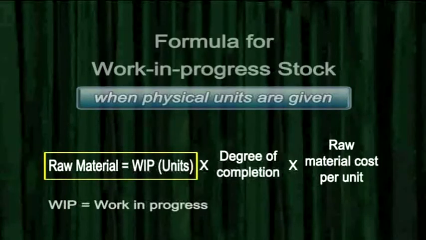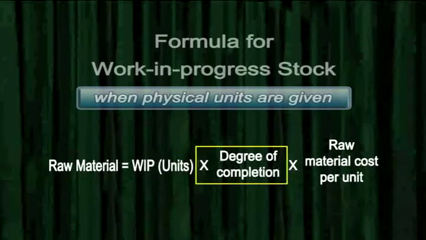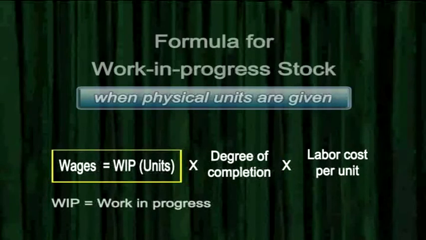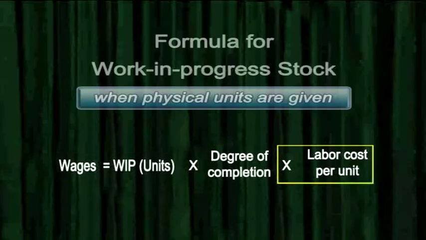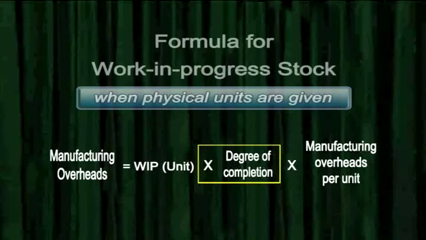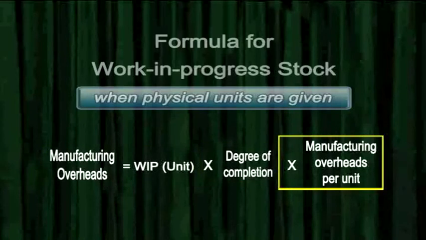Raw material is equal to work in progress in units into degree of completion into raw material cost per unit. Similarly, wages: work in progress units into degree of completion into labor cost per unit. Manufacturing overheads: work in progress units into degree of completion into manufacturing overheads per unit. So, they will give us the figure of work in progress stock.